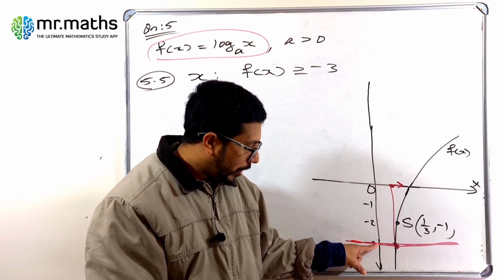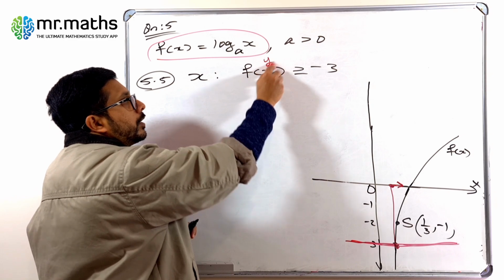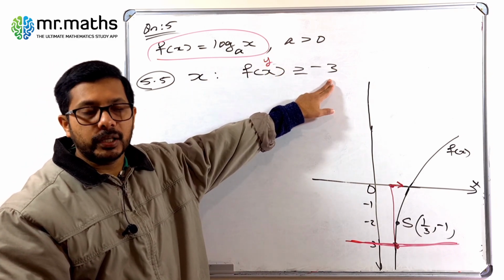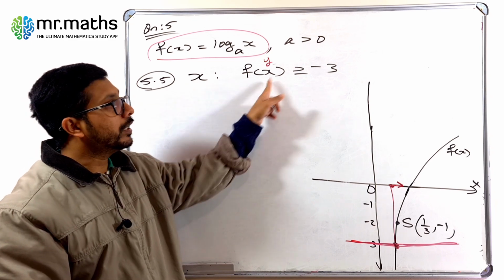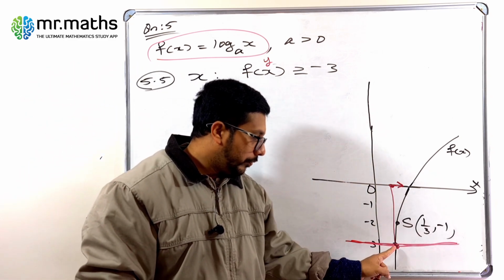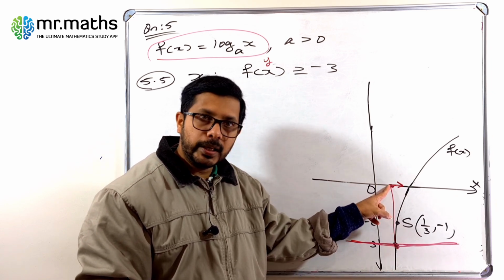From this point I'm going to find, when y is minus 3, what is the corresponding x value? f of x is the same as y, so y greater than or equal to minus 3 is what we want to find. First I find the x value when y is minus 3.